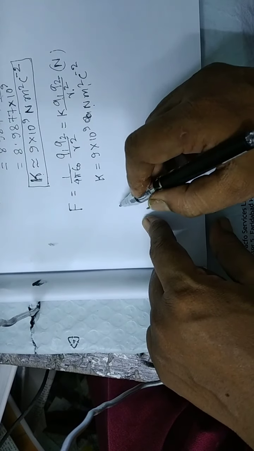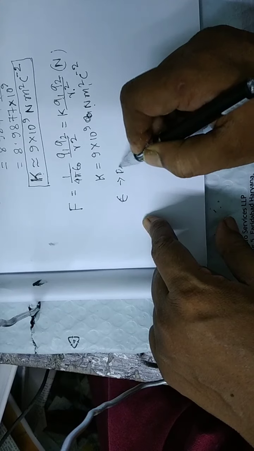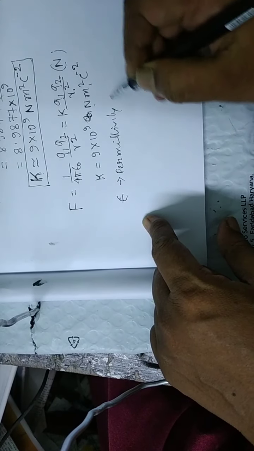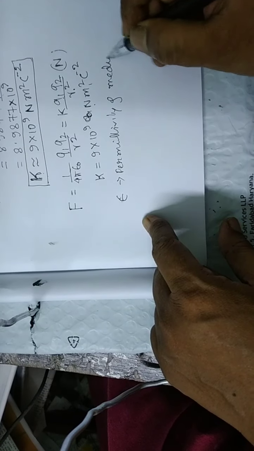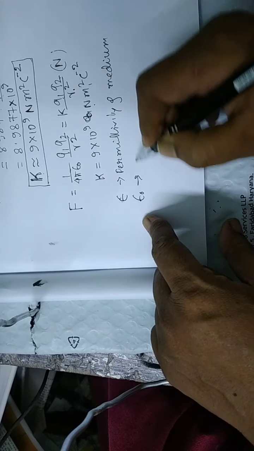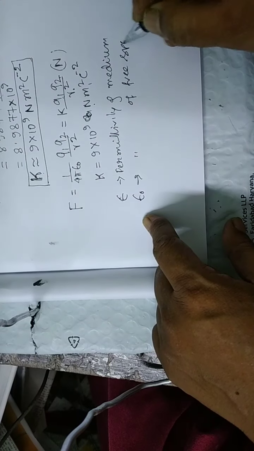Now if there is any medium, epsilon is the permittivity of medium, and epsilon naught is the permittivity of free space, right, vacuum or free space.